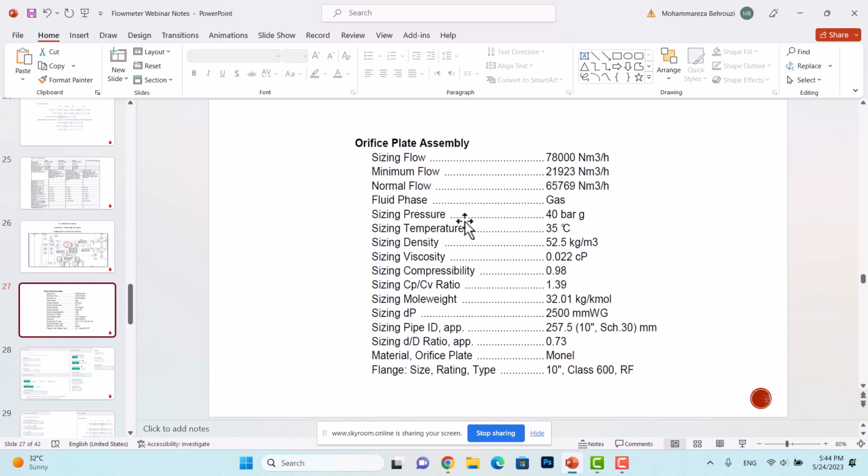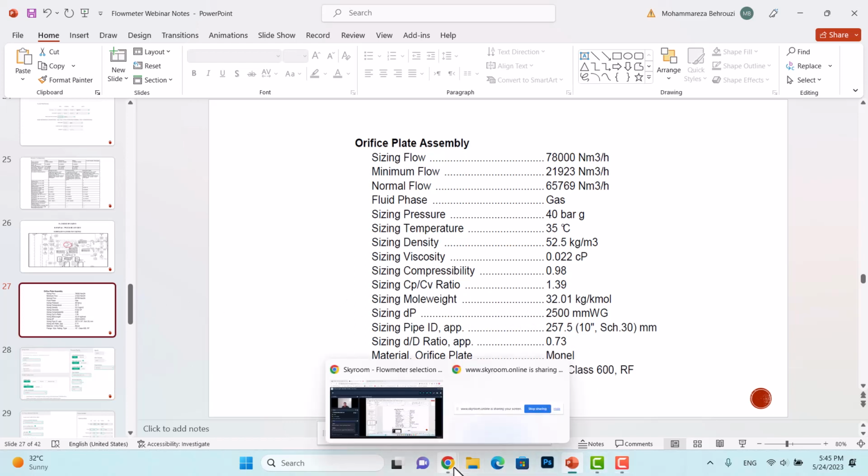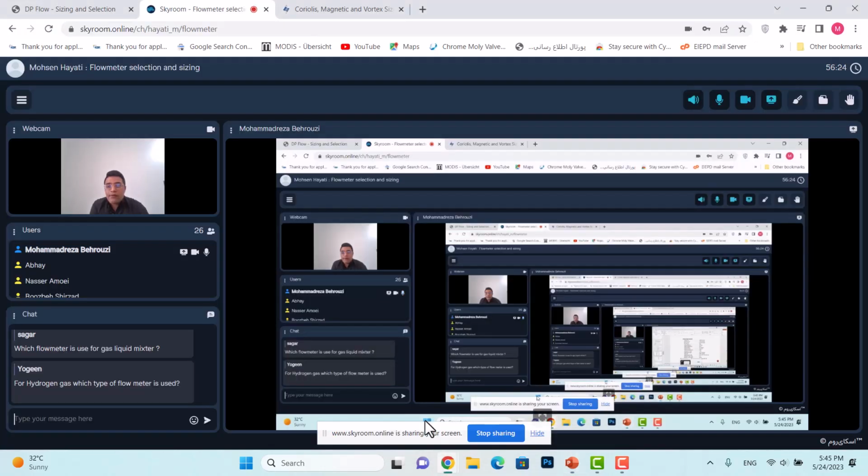The operating pressure is 40 bar gauge. It is of course gas, we know that. The temperature is 35 degrees Celsius. Here you can find the physical properties of the process oxygen, and it is going to be sized for a 10-inch pipe. Here again I'm going to use the website.